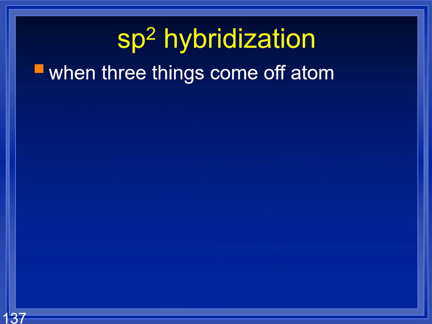Okay, so anytime you have 3 things come off an atom, anytime you'd say trigonal planar or bent at 120 degrees, it's not a new decision. Now we have another way. In order to make sp2, I have to use a p orbital for something else.